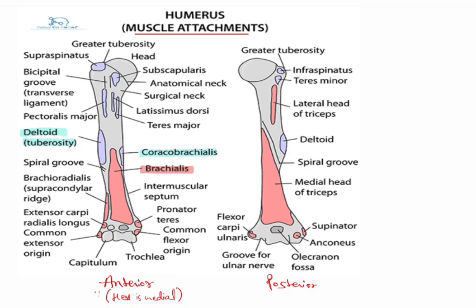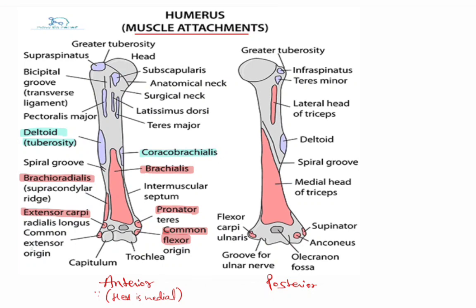Now moving ahead with the origin, at the distal end of the humerus we will have all origins. Origin of brachialis muscle, brachioradialis, pronator teres muscle, common flexor origin, as you can see. So all the movement kinds of muscles like pronator, flexor, extensor, carpi extensor, common.